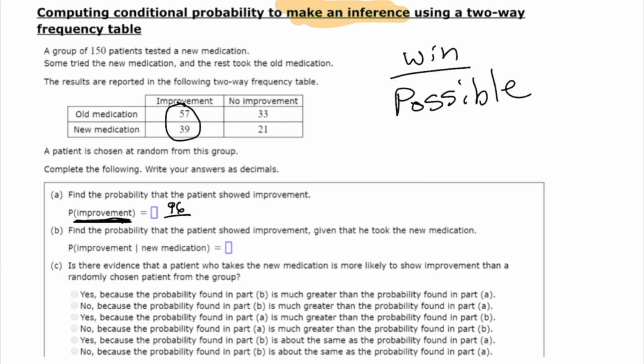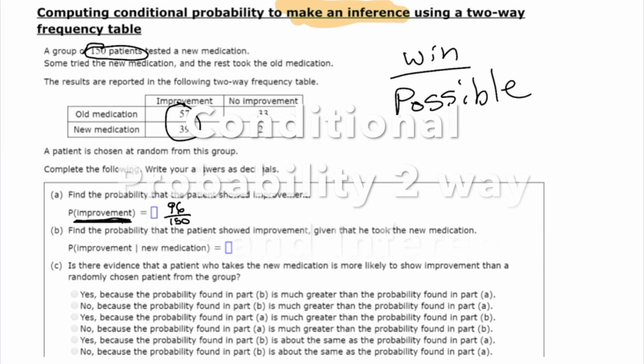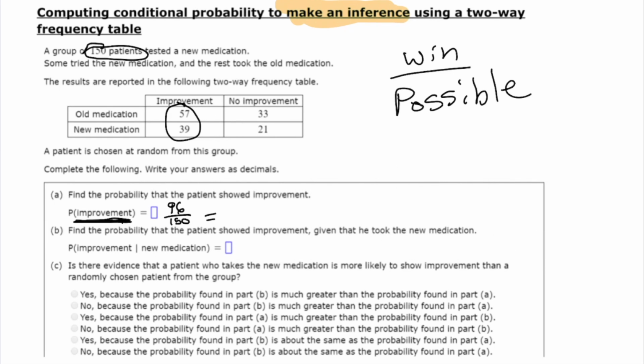Well, in general, there was 150 patients, so that would be how many patients would be possible to be chosen. So 96 divided by 150 is equal to 0.64. I don't think I had to round that, so I think that was exactly 0.64, but you'd have to check on that one.